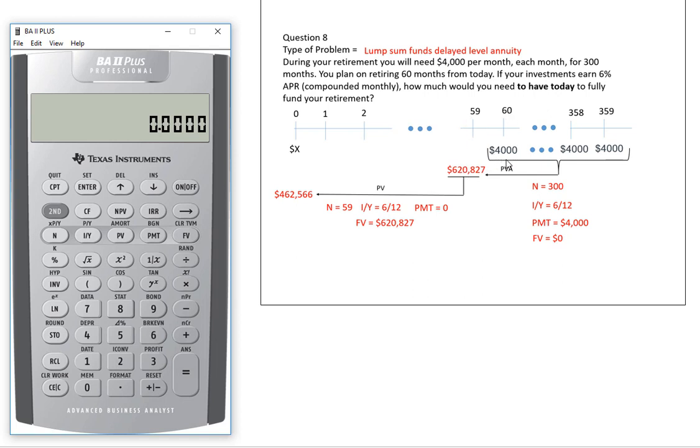So the annuity starts in period 60, so that lump sum equivalent is going to be in month 59. So first thing I do is, there are 300 payments in my annuity. The interest rate is 6% APR, but it's monthly, so I divide it by 12.